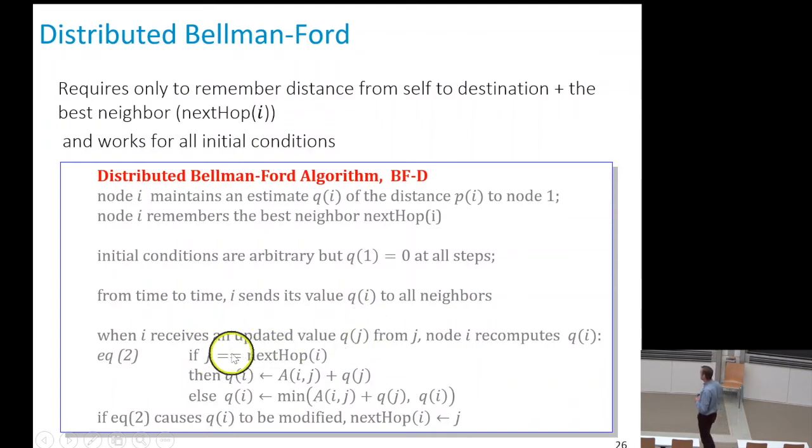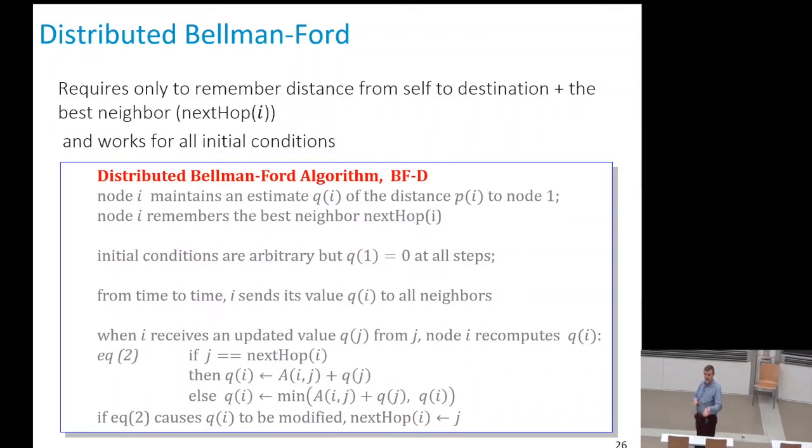So j is the next hop, the best you have found so far to go to the destination. We want to have that for the routing table. With Bellman-Ford, whenever we do an update and think this new thing is better, we say this neighbor is the next hop. So we keep that information.